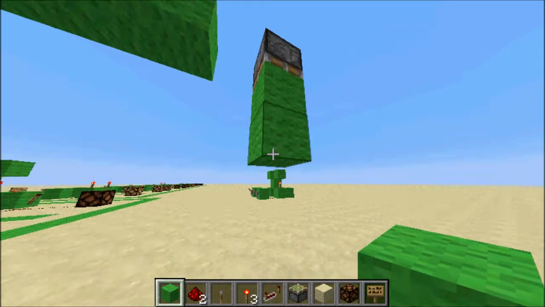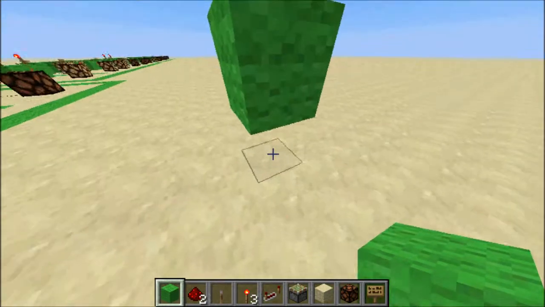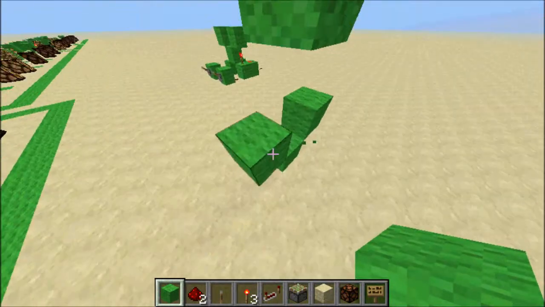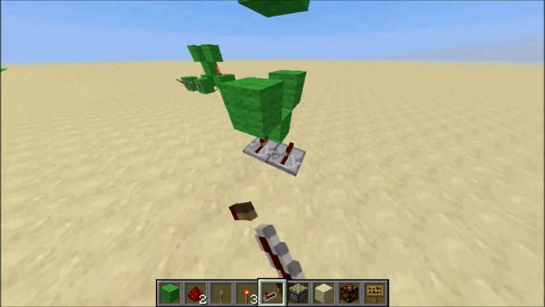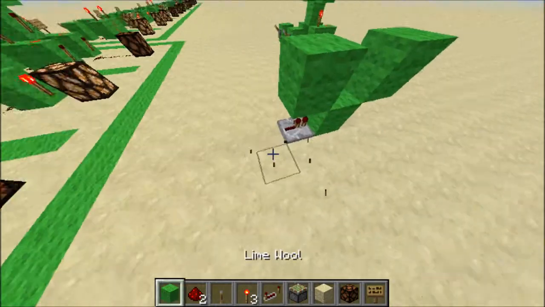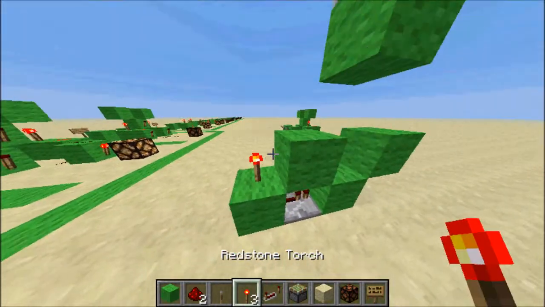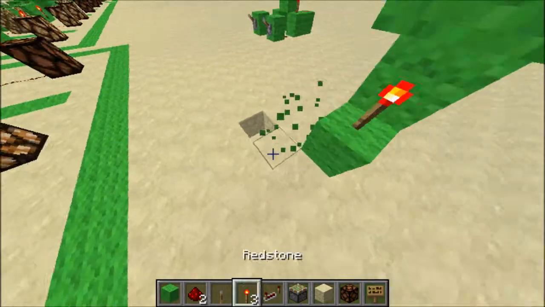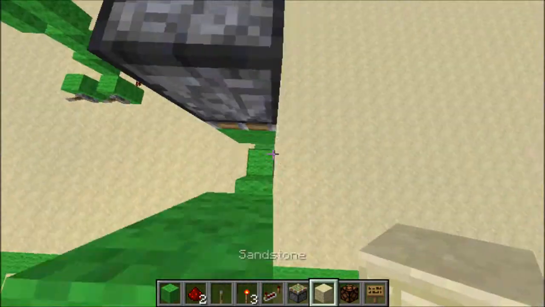Alright, so we have like this right here, and this, whoops, destroying blocks all over the place.